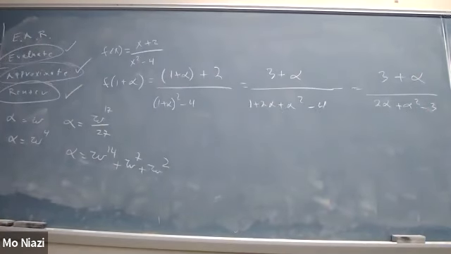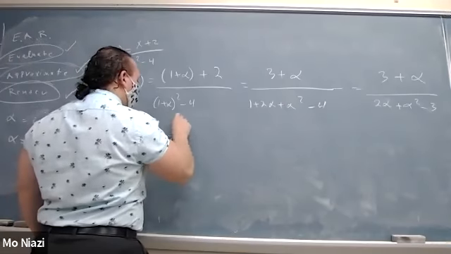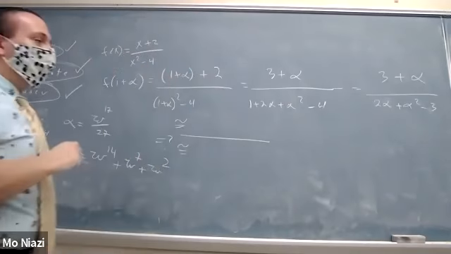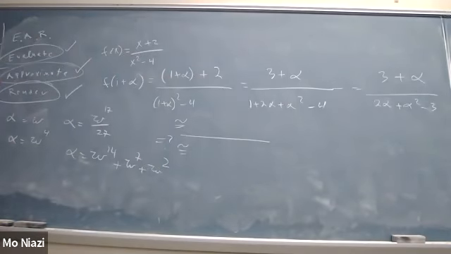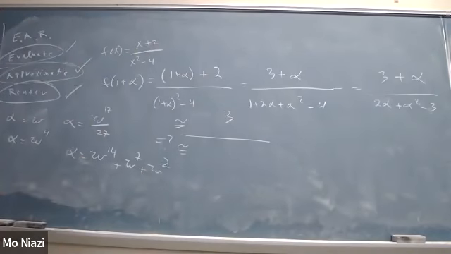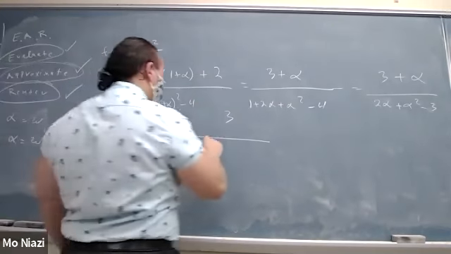Okay. Now recall when we have fractions, we want to approximate the numerator and the denominator separately. So what does the numerator approximate to? What does the denominator approximate to? 2 alpha minus 3. Very good.